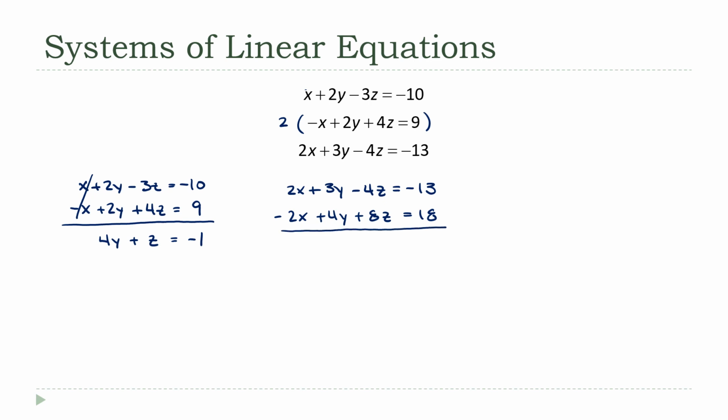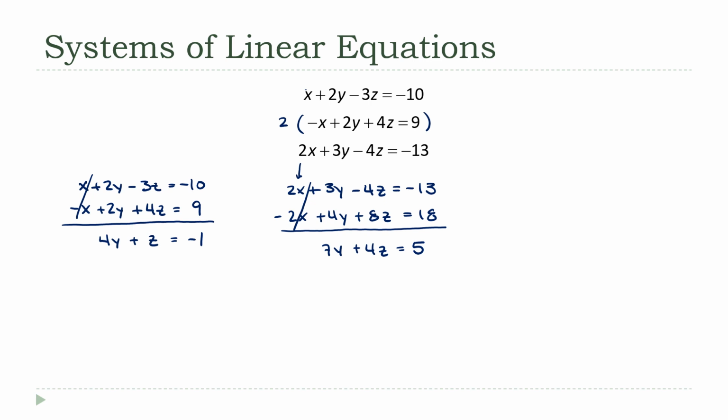And now I've got this situation here with the x's where again I've got 2x and minus 2x, so these are going to cancel. What's left? Well, I've got 7y plus 4z equals 5. And now I've done it again. Right? I've created yet another equation that only has 2 variables.